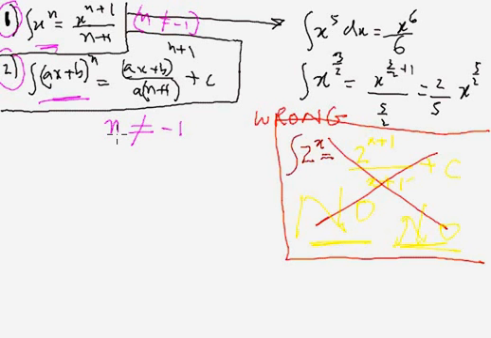For the first one, if you've got a question 1 over x, which means n was -1, then your question becomes integration of x power -1 dx.